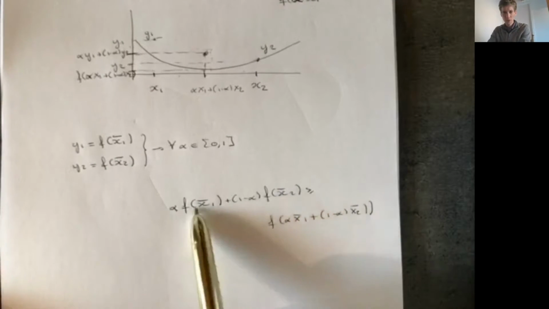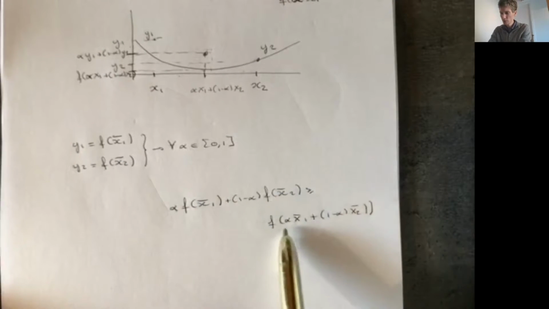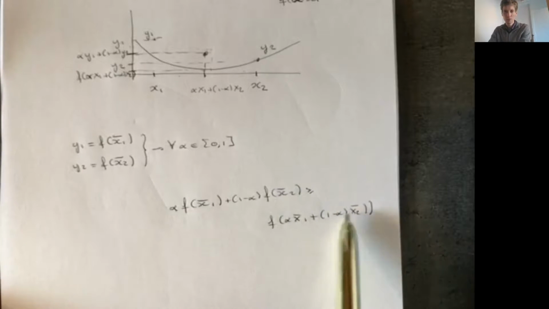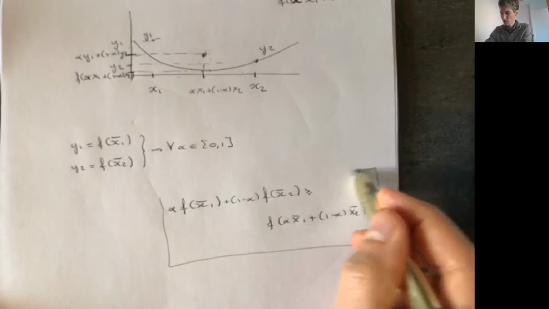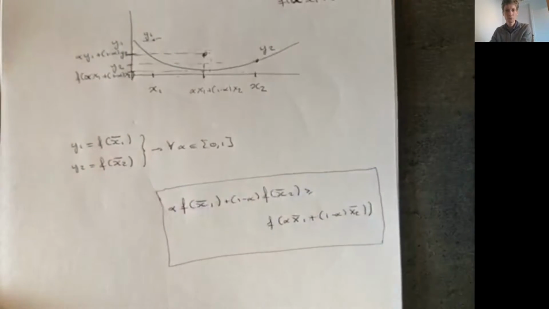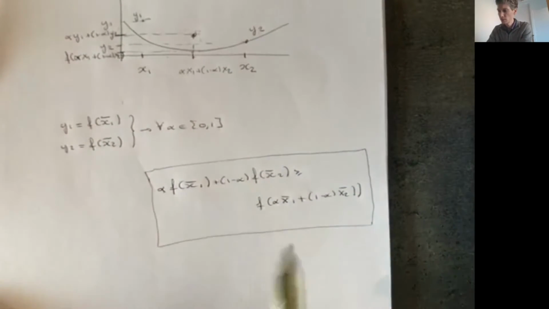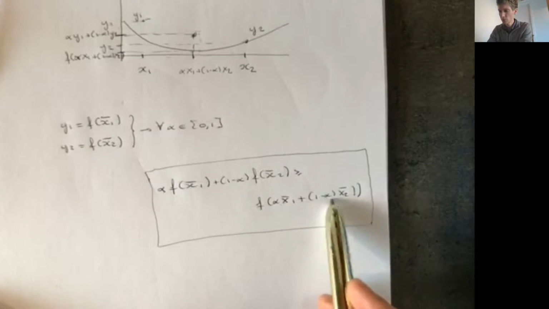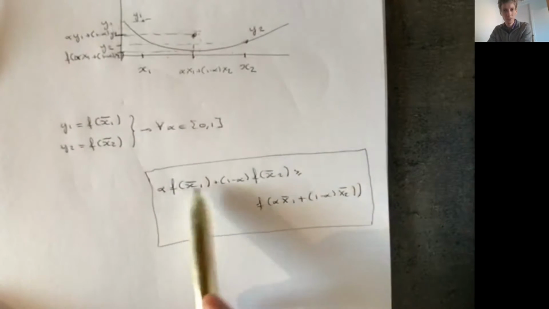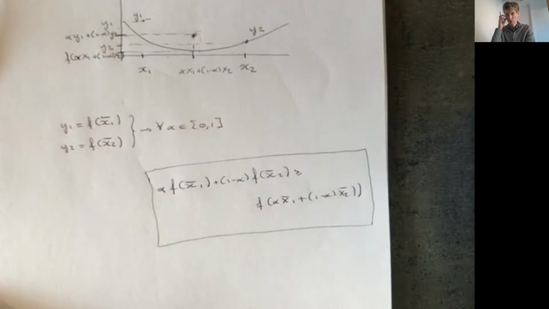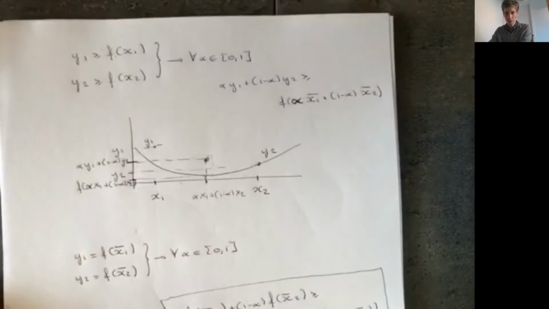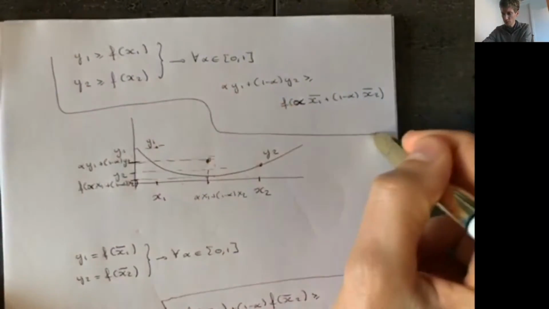So the convex combination of the function values is greater or equal to f of the convex combination in the domain. This is probably a definition of convexity that you might be familiar with: f of alpha x1 plus 1 minus alpha x2 is less or equal to alpha f of x1 plus 1 minus alpha f of x2.